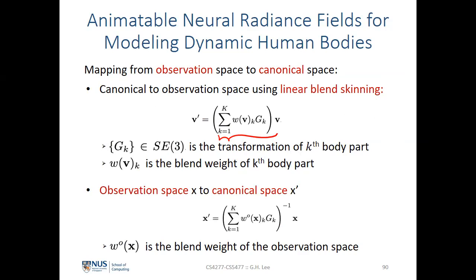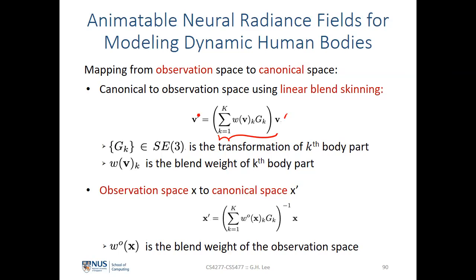If I want to do the opposite, I simply take this whole part here and invert it, and then I get it from the observation space back to the canonical space. I think there is a typo here. It should be the opposite, and the x prime should be here.